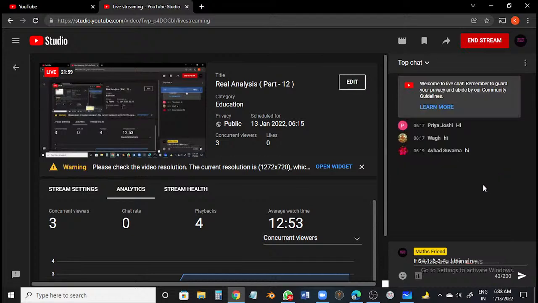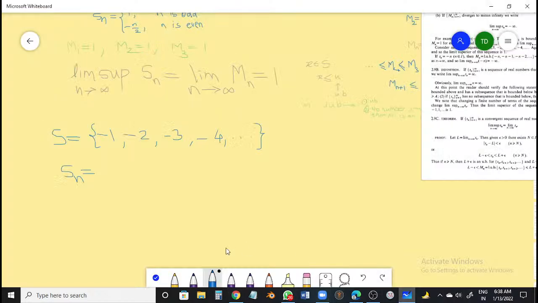So you are very right, and the sequence talks about the terms minus n, negative of n. So let us take Sn as minus n. Now let us see what m1 will be. m1 means the supremum of all this, so it is clearly minus 1.